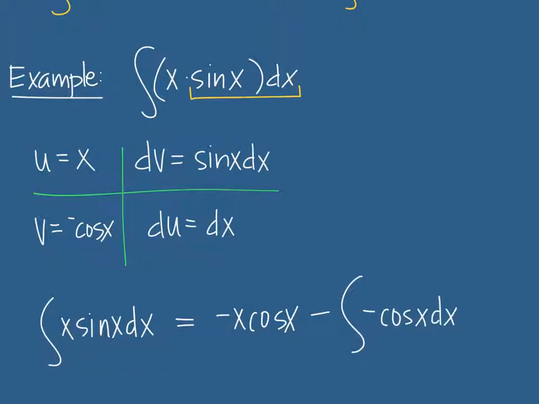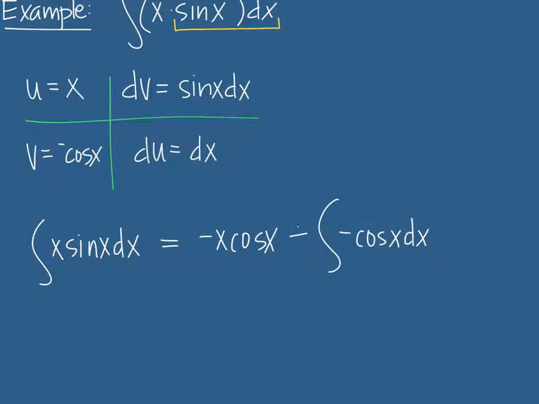So you've got a double negative going on there, so we'll make that a positive. The integral we end up with is workable. We know the antiderivative of cosine of x, so we end up with negative x cos x plus the antiderivative of cos, which is sine, plus the constant c, and that's the answer.